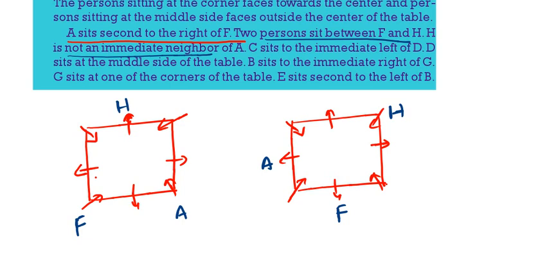Now see the next one. D is in the middle of one of the sides.